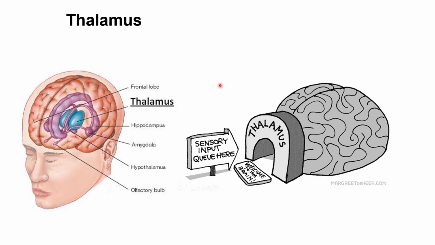So the information first comes to the thalamus and then goes to the rest of the brain. The only exception is the sense of smell, which comes directly from the nose to the brain without passing through the thalamus. But all the other sensory information goes through the thalamus. Similarly, all the motor information goes from the brain to the thalamus and then to different parts of the body.